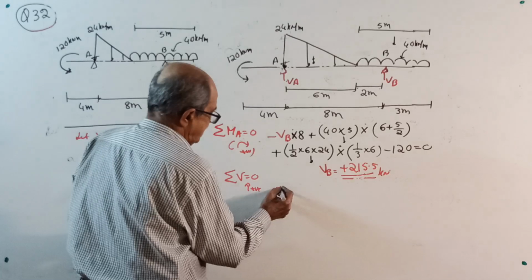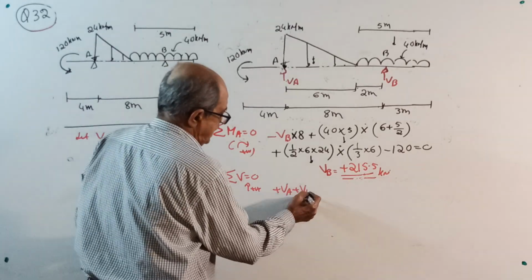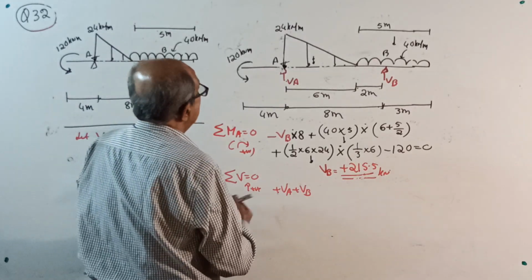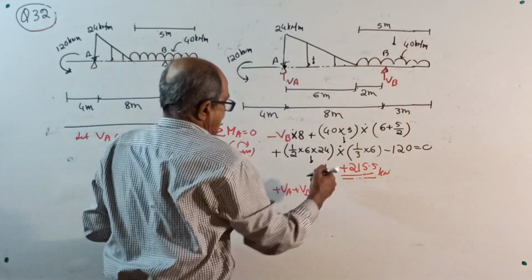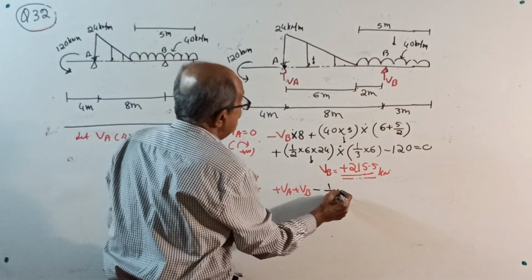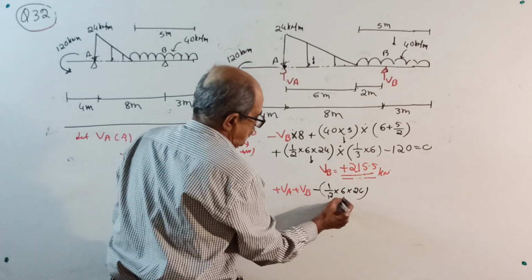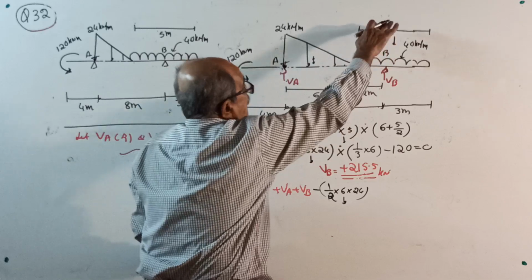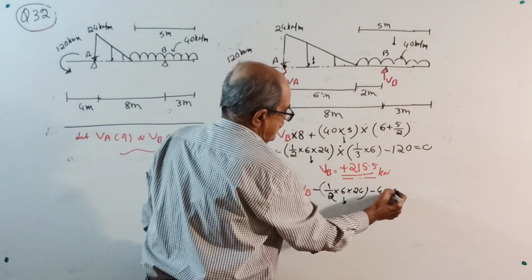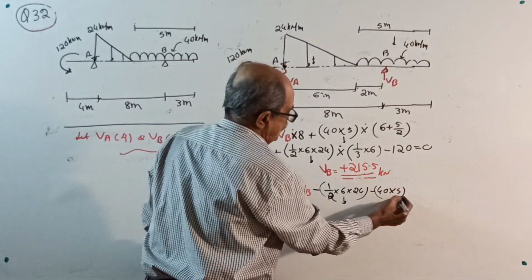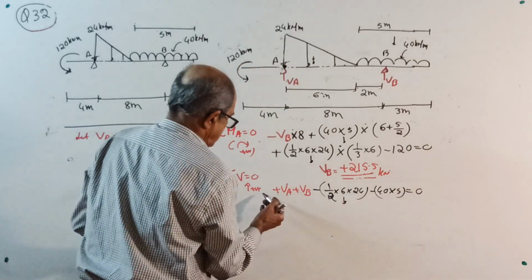We'll check the answer later. Plus VA plus VB. Then this is not a load. Minus half into 6 into 24 is the total triangle load, minus 40 into 5 is the total UDL, equal to 0.